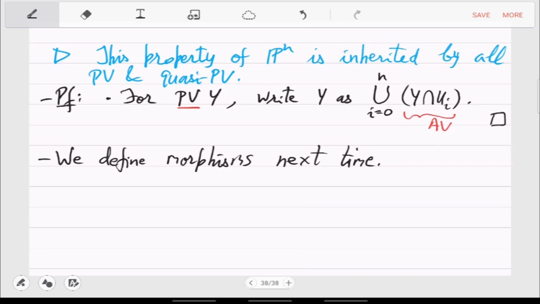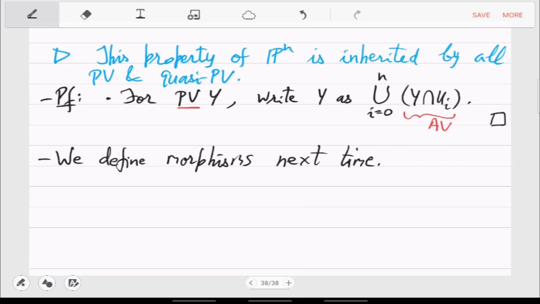So you actually get a cover, each of which is affine. Each part of it is affine. And the map is to the projective n space. So this is conceptually a new object because it's very different from whatever you have seen before.